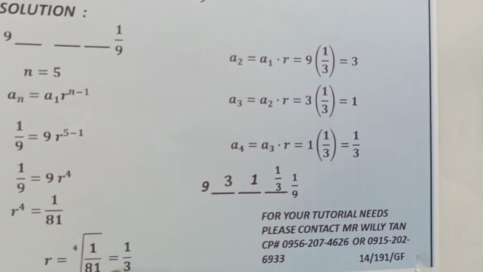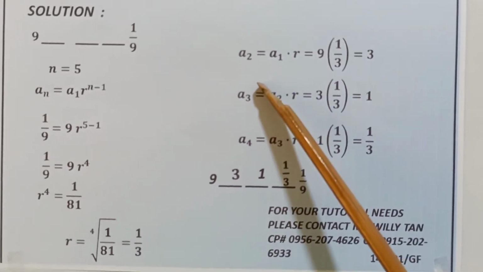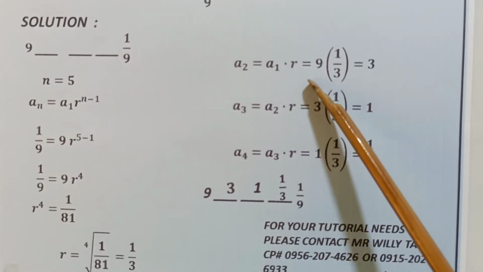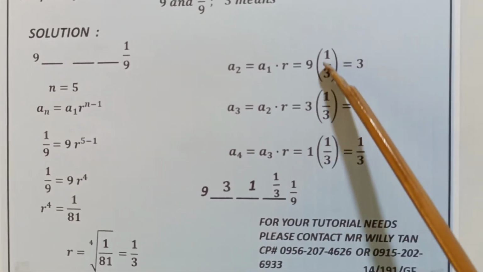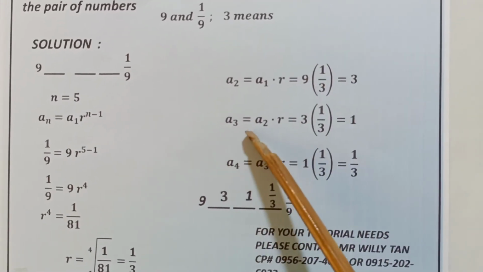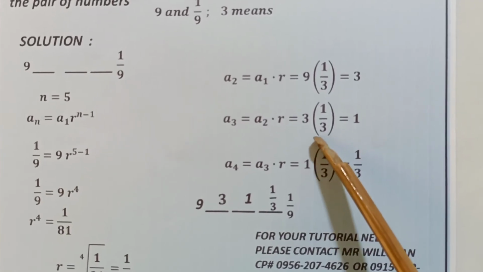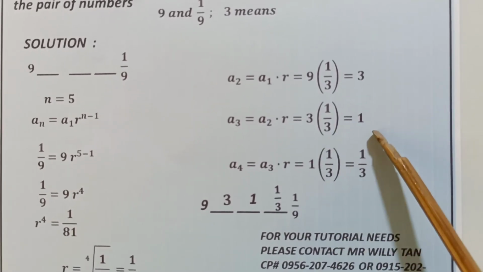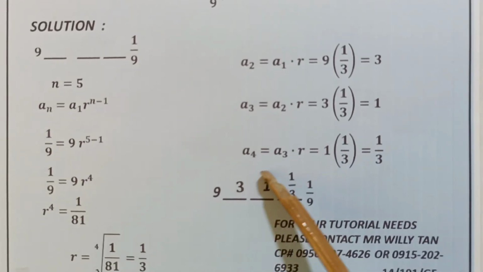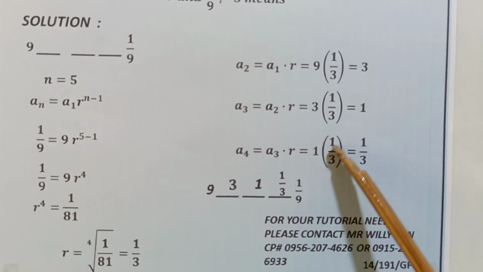To get the value of a sub 2, we just multiply a sub 1 by r, which is equal to 9 times 1/3, which is equal to 3. For a sub 3, it is equal to a sub 2, which is 3, times r, which is 1/3. So 3 times 1/3 is equal to 1. And a sub 4 is equal to a sub 3, which is 1, times r, which is 1/3.